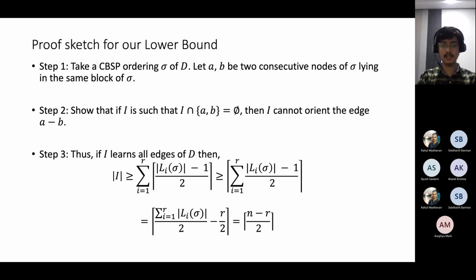Manipulating this, we finally arrive at a lower bound. So the main idea was the existence of CBSP orderings and showing that if there is an intervention set that does not intervene on two consecutive nodes of a block, then the edge between A and B will remain unoriented.